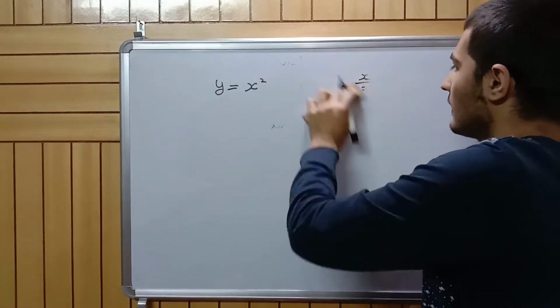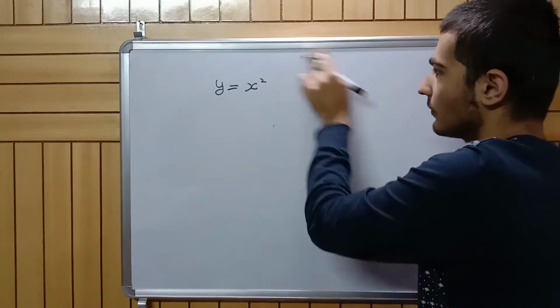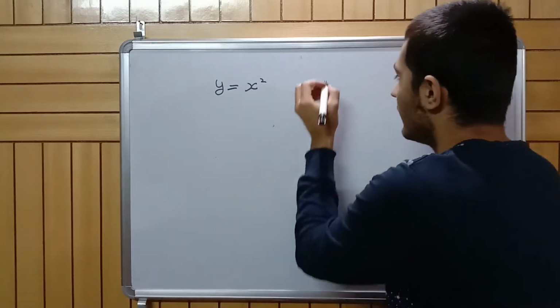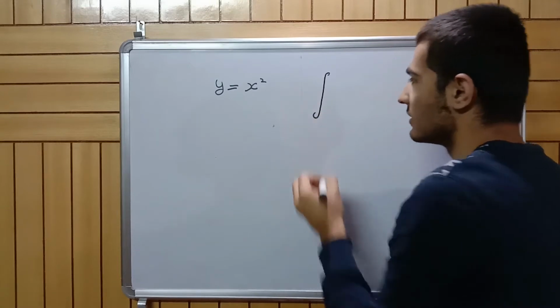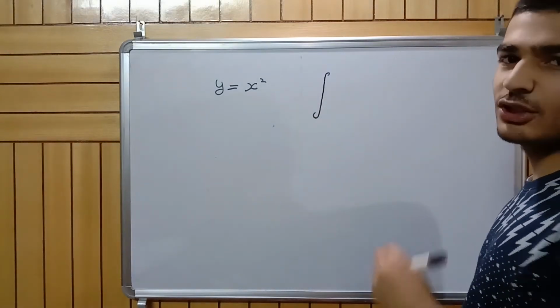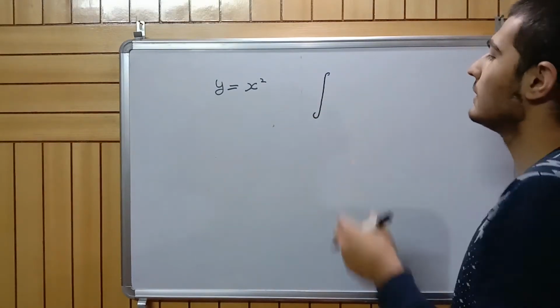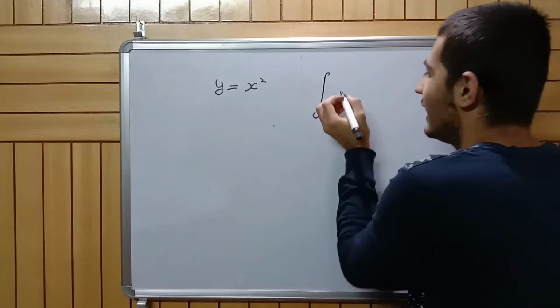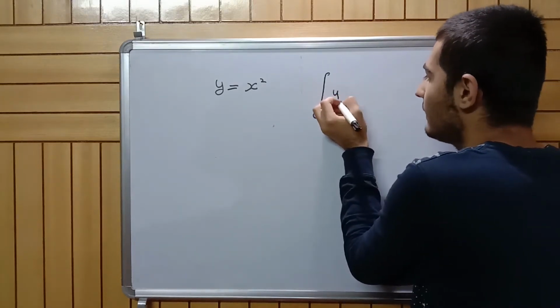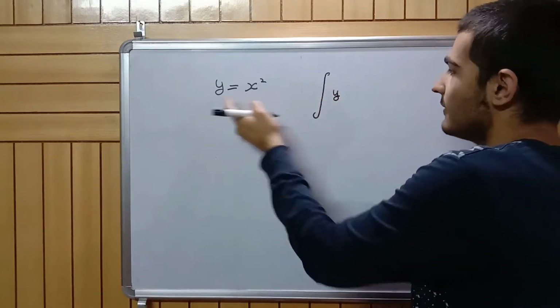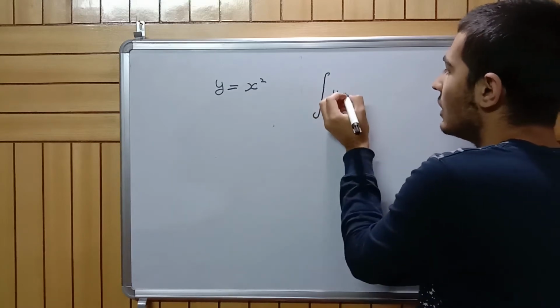This is the symbol that I use for integration. It is not very well drawn, but this is pretty much the symbol. And we simply write the integration of y dx.